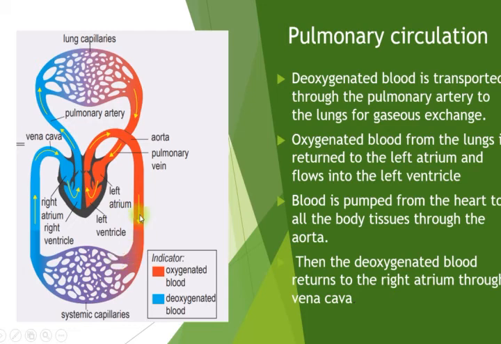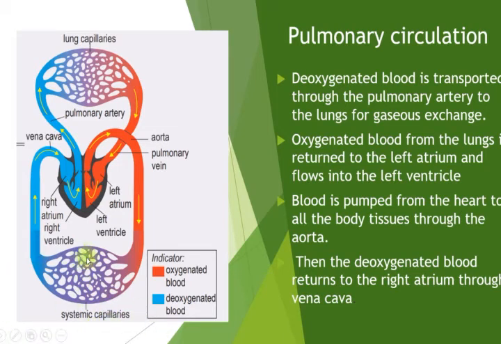When the blood reaches the body tissues, what happens here? The gases exchange occurs. The oxygen will diffuse into the body cells, whereby the carbon dioxide from the body cells diffuses into the systemic capillaries.